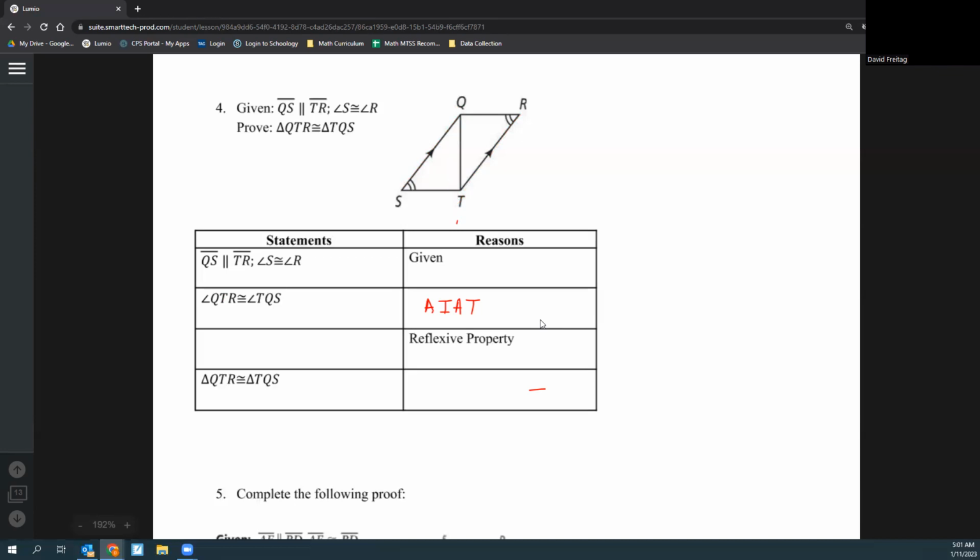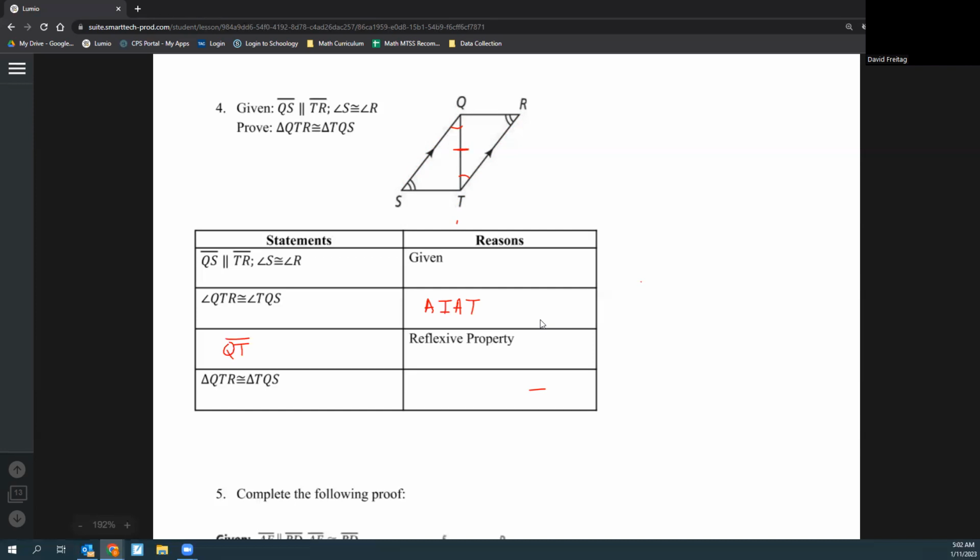Now I'm giving us angle, angle. I can't give a side to be the same that is in between, because I don't know if QS are the same. I don't know if RT is the same, but I know QT is on both triangles. So I know that this is the same as itself, and it's by the reflexive property.